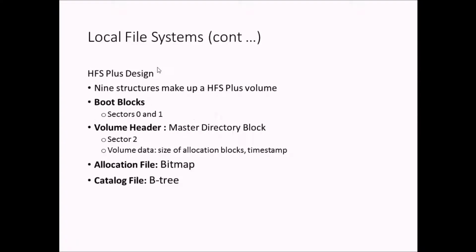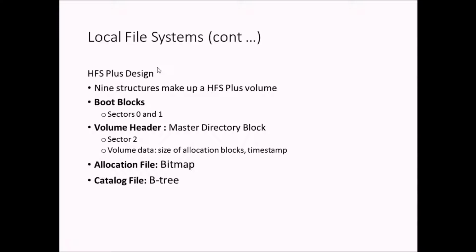Let's now talk about the HFS Plus design. Nine structures make up an HFS Plus volume. Initially there are boot blocks, sectors 0 and 1, like the previous one. Then they introduce the volume header, which replaces the master directory block.